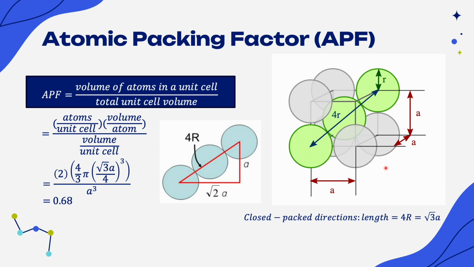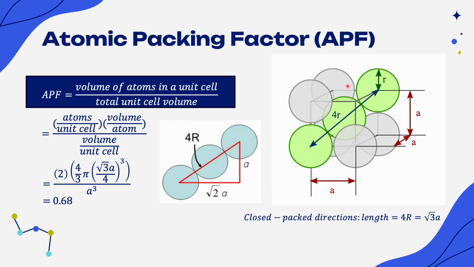In a BCC structure, the atom at the center of the cube is in contact with the atoms at each of the 8 corners of the cube. This arrangement forms a diagonal of the cube, as you can see here. This diagonal can be calculated using the Pythagorean theorem in terms of the edge length a. In this picture, this is the diagonal of the cube, and square root of 2 a is obtained by using the Pythagorean theorem for the triangle at the bottom of the cube.